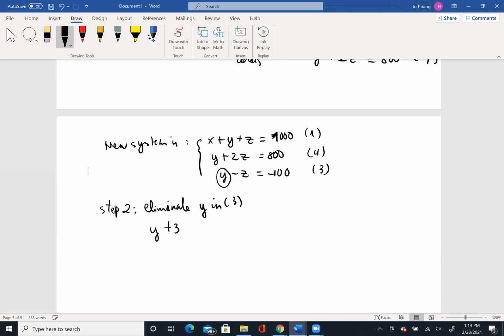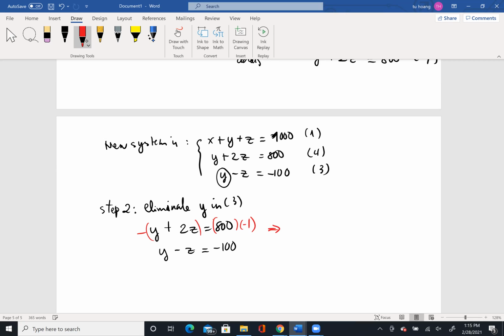So y plus 2z equal to 800, and then y minus z equal to negative 100. Okay, so I need to multiply both sides of equation number 4 by negative 1, right?